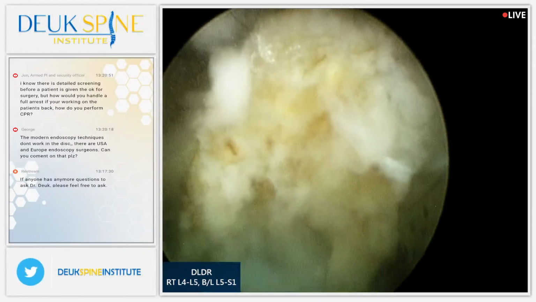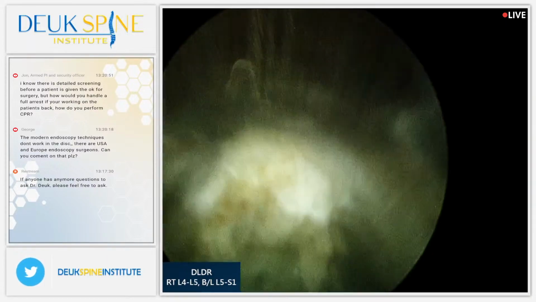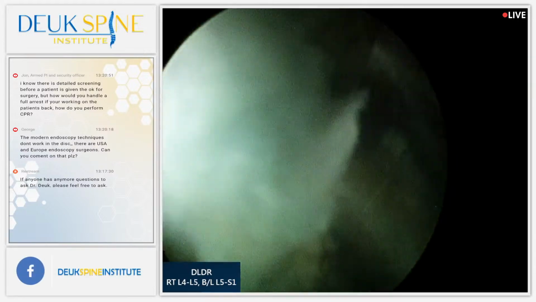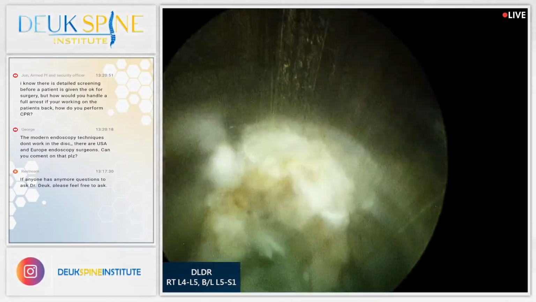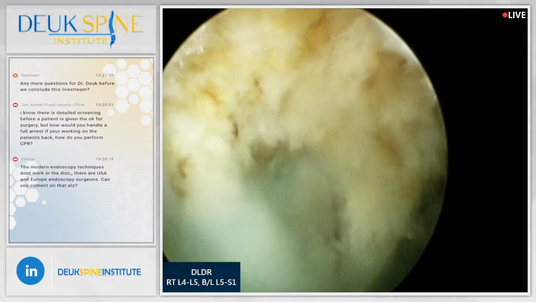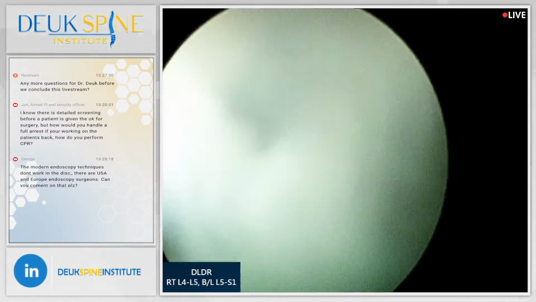All right. Once again, we're right side, L5-S1. We've already done L4-5. I'm trying to grab, with the grabber, any loose pieces that are easy to get. Unfortunately, most pieces of herniation are not loose. They're stuck down with scar tissue.